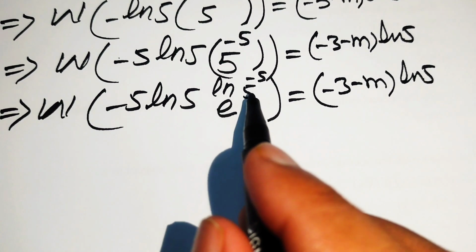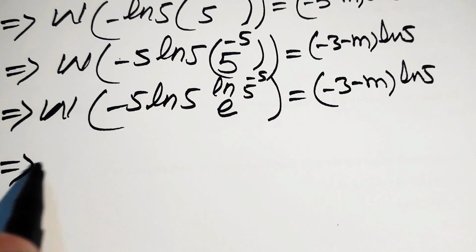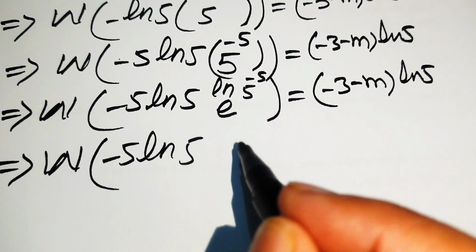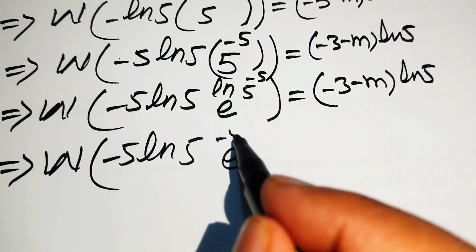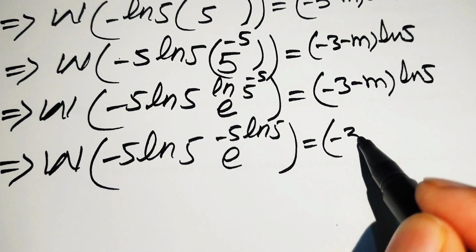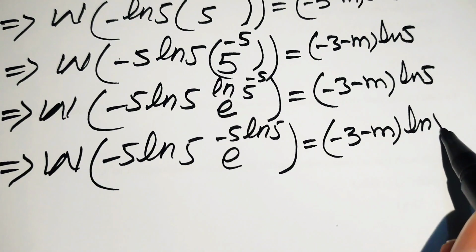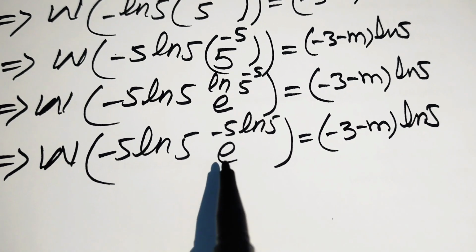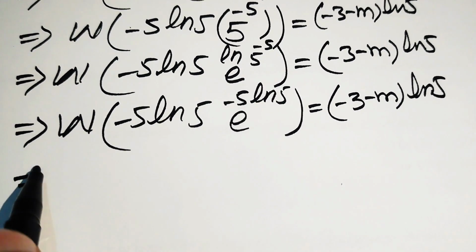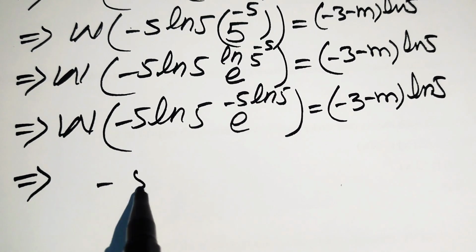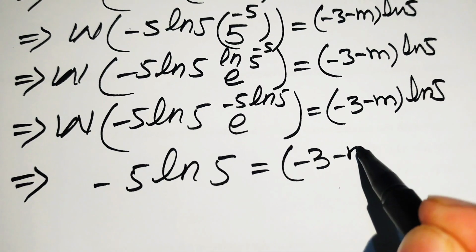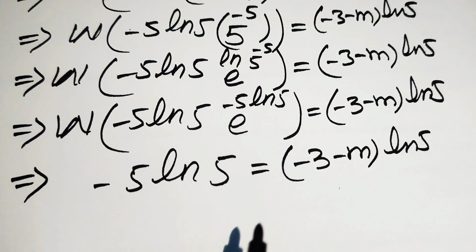Here we use the property of log and move the exponent to the front of the log, so it is written as W of minus 5 log 5 into e to the power of minus 5 log 5, equal to minus 3 minus m log of 5. Here you again see that the exponent of e is multiplied by it. So we again use the Lambert W function, and the output of this function is minus 5 times log 5, equal to minus 3 minus m into log 5.